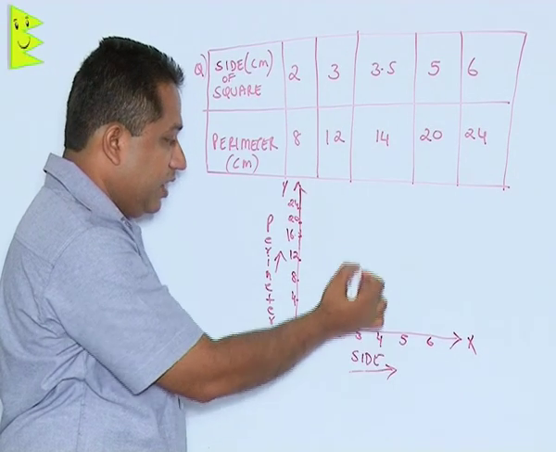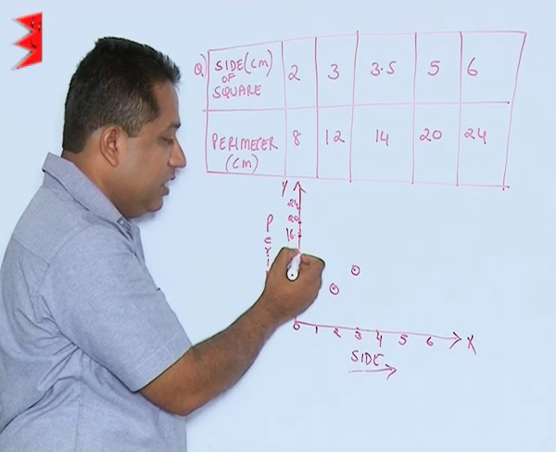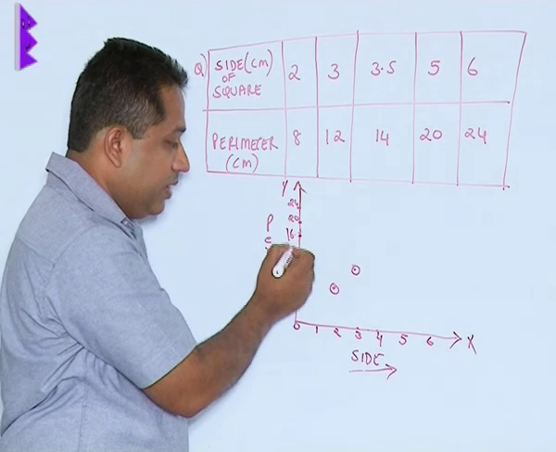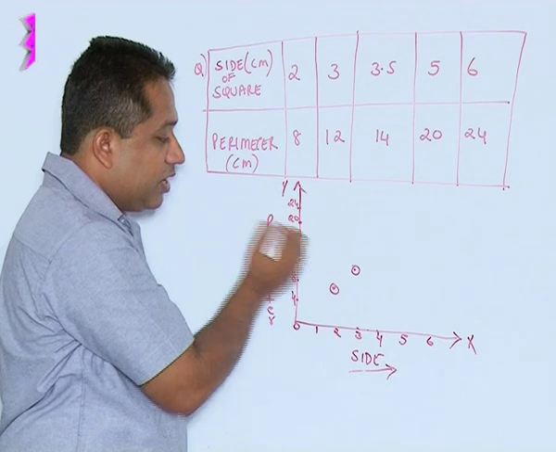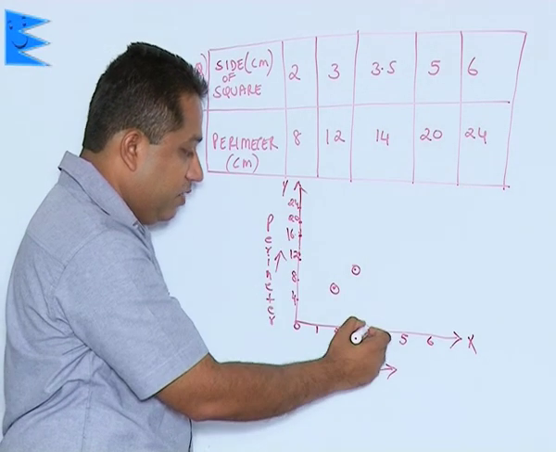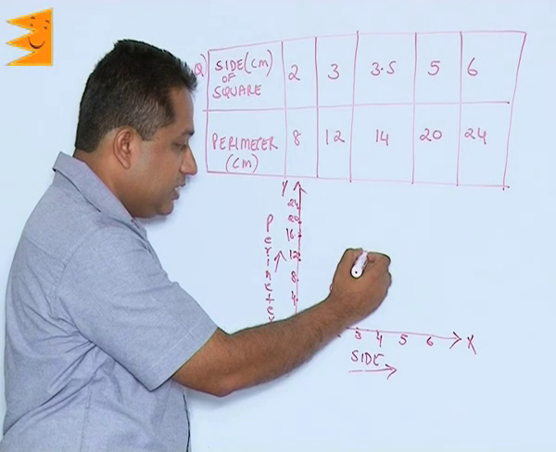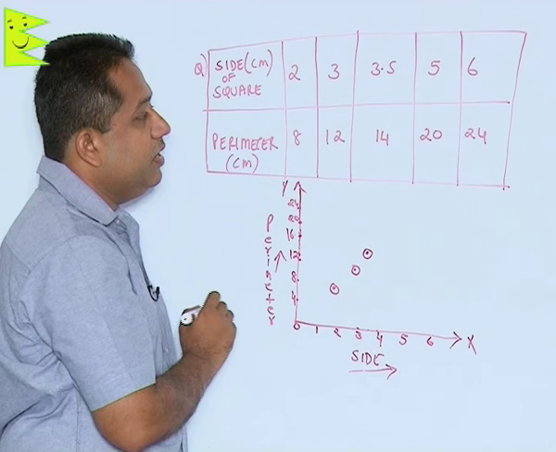Now, 14 means this is 12 and this is 16. So, the midpoint of 12 and 16 will be 14. So, if there are 10 divisions, the fifth division will correspond to 14. So, we have 3.5, midpoint of 3 and 4, and midpoint of 12 and 16 as the coordinate for y, 14. So, we have 3.5 and 14.